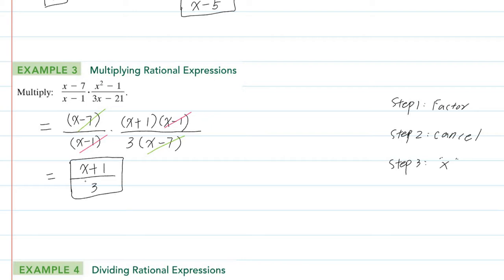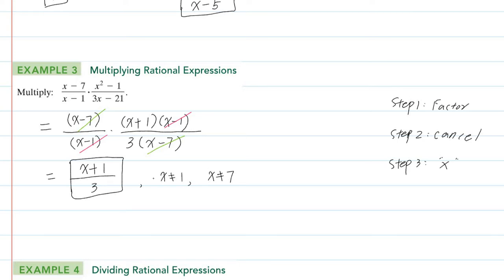For this case, you have to make sure you also know that the denominator cannot be 0. So we're going to write it right here. We're not looking at the last part. We're going to look at the original question. If they also ask you to exclude the numbers from the domain, just like example 1, x cannot be 1, that's from here, and x also cannot be 7.